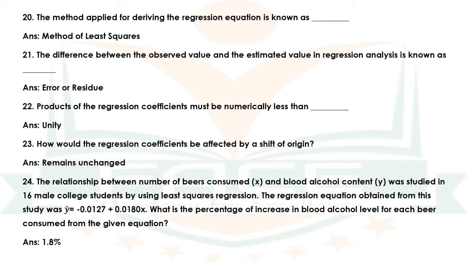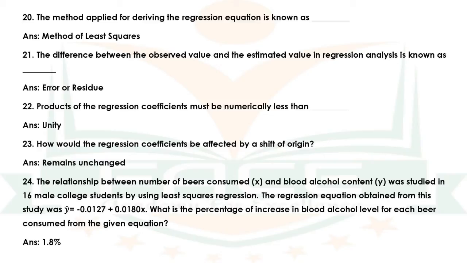Question number 24. The relationship between number of beers consumed, that is X variable, and the blood alcohol content Y variable was studied in 16 male college students by using least squares regression. The regression equation obtained from this study was y hat is equal to minus 0.0127 plus 0.0180 x.